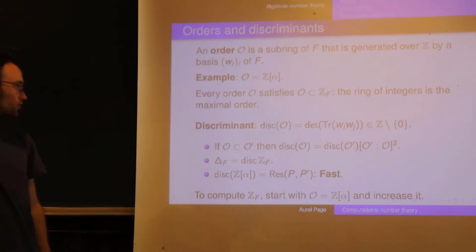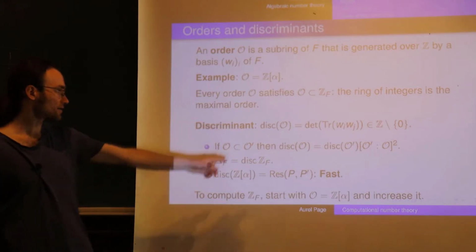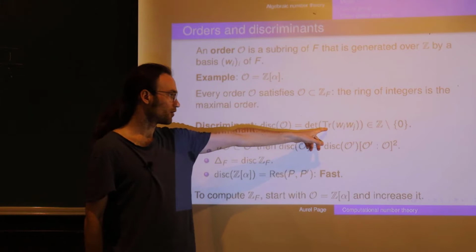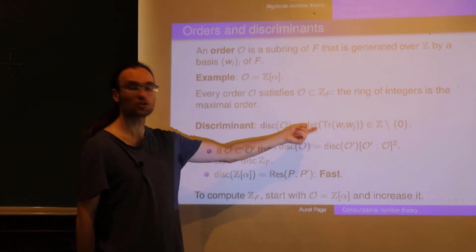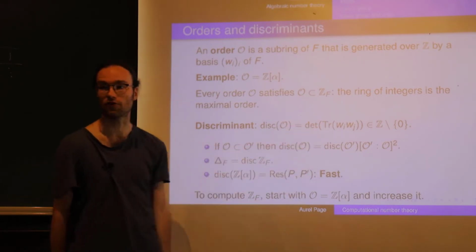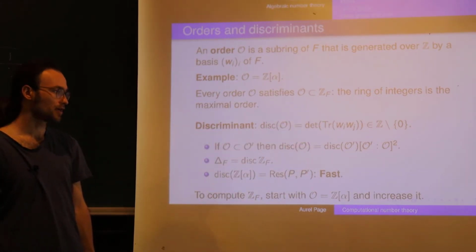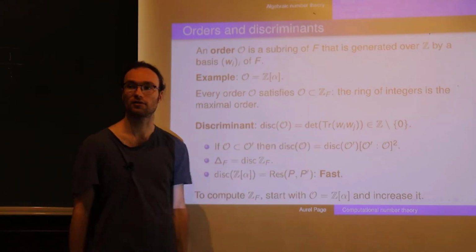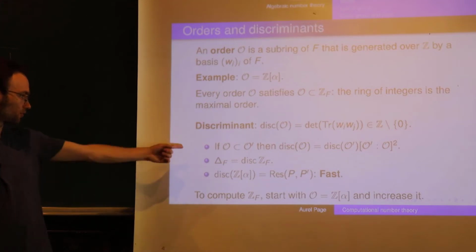A useful notion for that is the discriminant of an order, and that's simply the determinant of the trace bilinear form, so the determinant of the traces of pairwise products of elements of the basis. That's always an integer and it's non-zero. And a few useful properties.